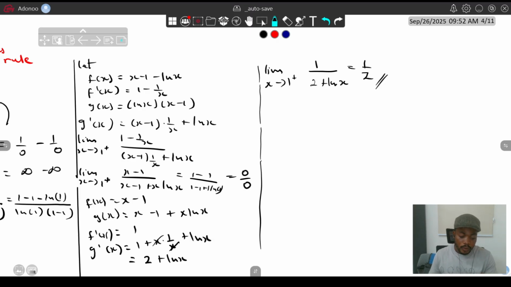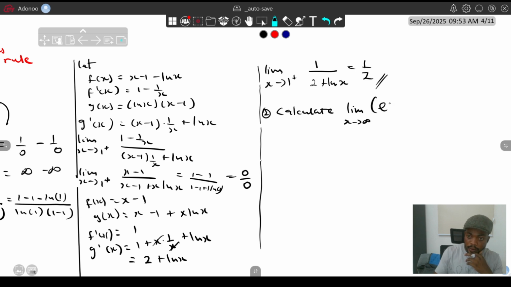So we will look at another example, and then we'll look at another variant of the indeterminate forms. So we have a question here that says that we should calculate the limit as x approaches infinity of e raised to the power x minus x.